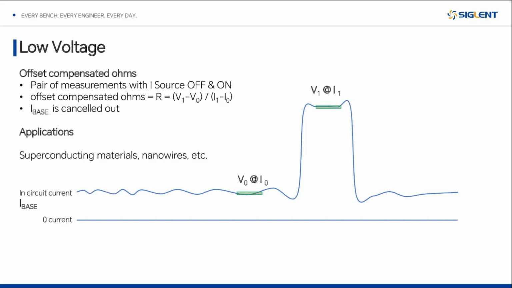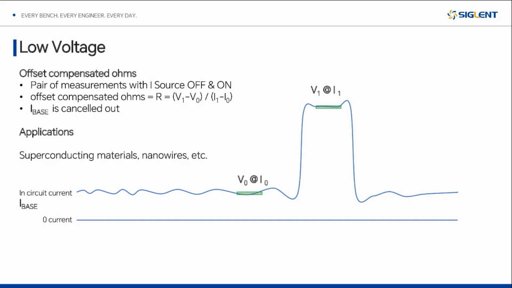And so the ability to make a good resistance measurement depends on your ability to eliminate that offset current or that offset voltage noise. And we can do that by combining some of the pulse capabilities of an instrument like this with the resistance measurement capabilities.